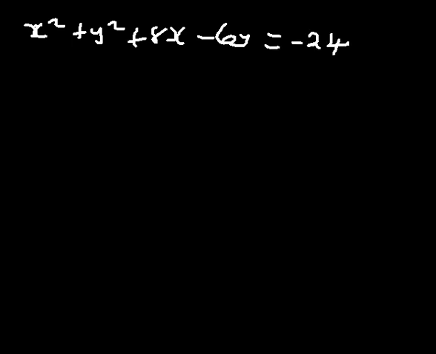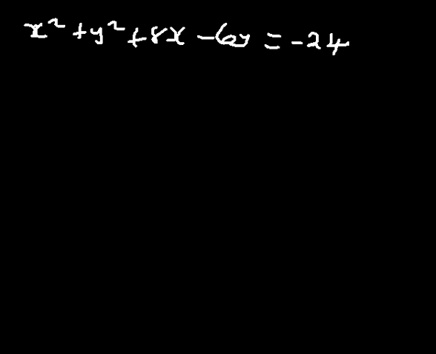Say we have this kind of case: let's say we have x squared plus y squared plus 8x minus 6y, which is equal to negative 24. Let's say this is the equation of a circle. What is the center as well as the radius of this circle?